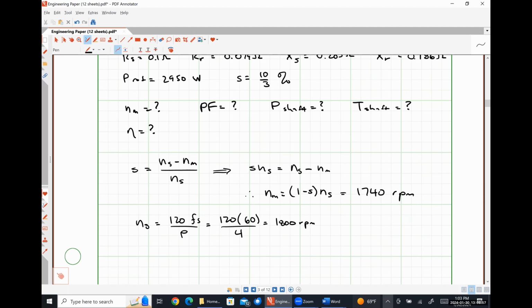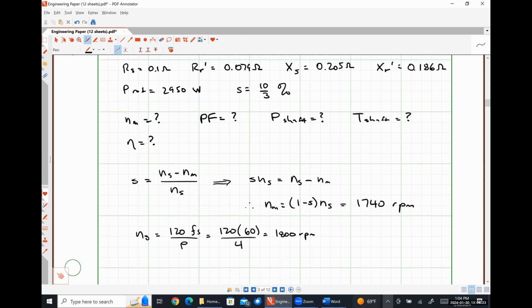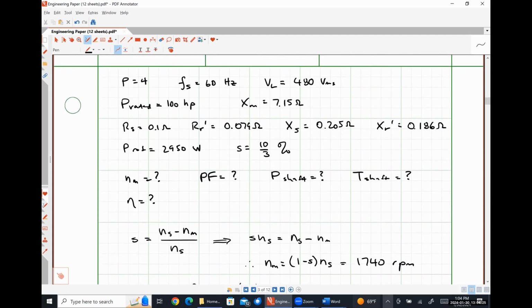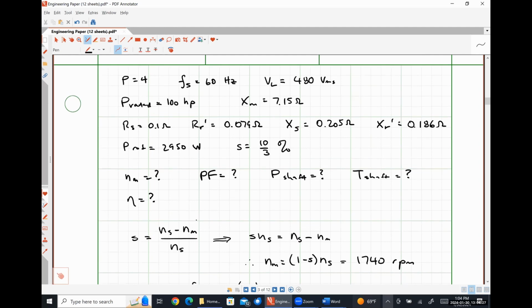All right. So, power factor. Trying to think of the different relationships that I know for power factor off the top of my head and how we might utilize those.